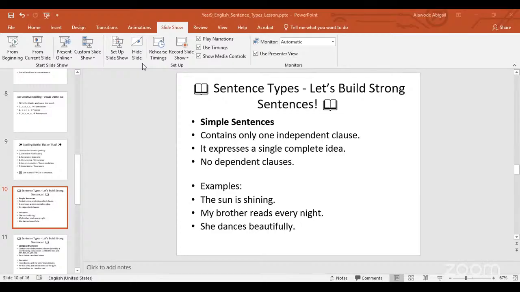Those are independent clauses. For instance, I can say I like rice, I like beans. So "I like rice" is a clause. "I like beans" is a clause. It can stand on its own.